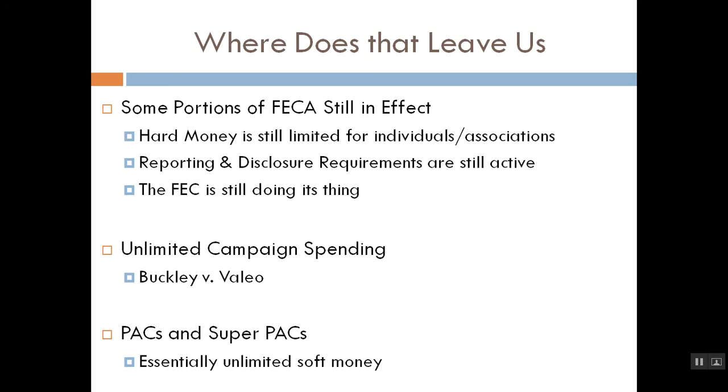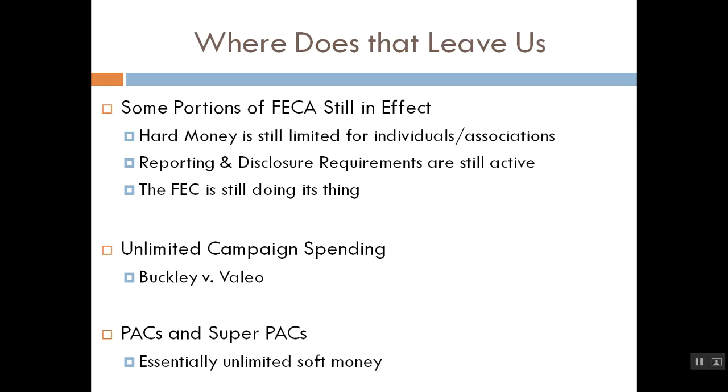But what we are going to discover is that candidates and their campaigns are allowed to spend any amount of money that they want in order to try and win because of Buckley versus Valeo. Although, do keep in mind that when they're raising that money, those fundraising limits are still in place. So they would not be able to simply accept a massive donation from one person and then go out and spend it, or a massive donation from a single association and then use that to buy an election.